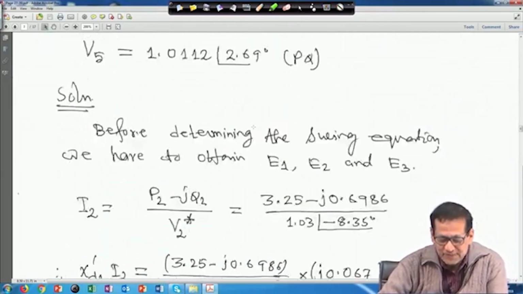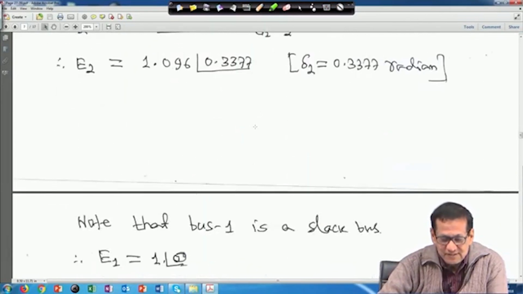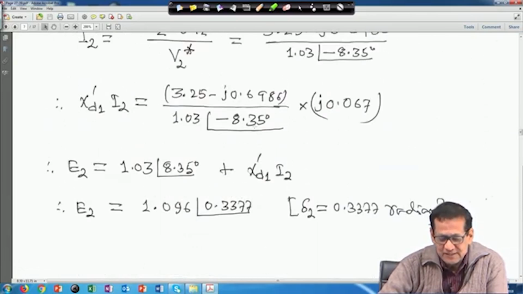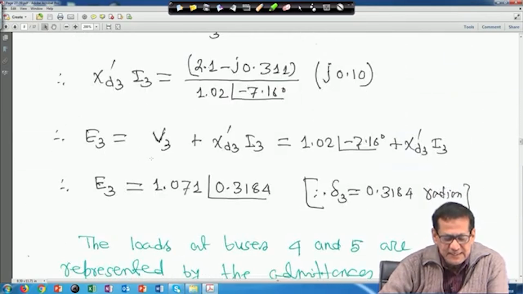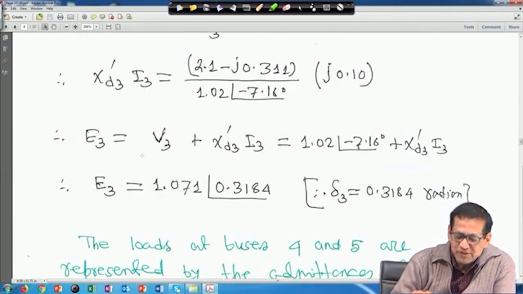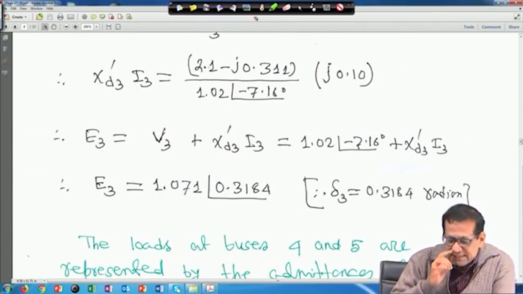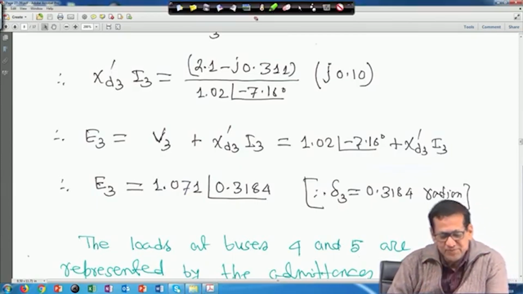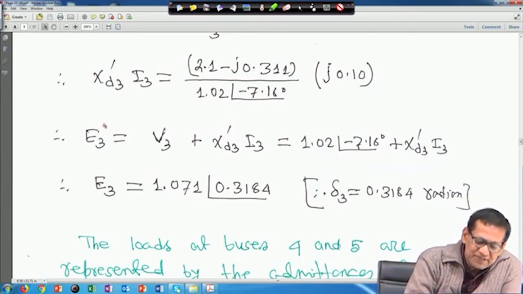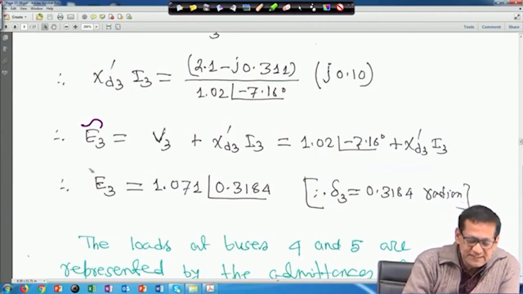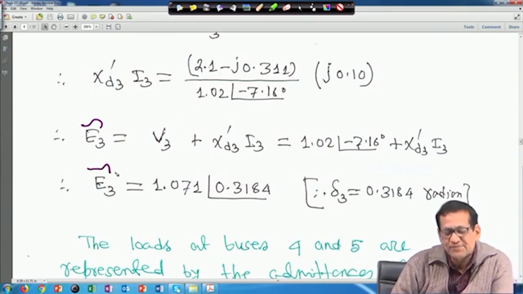When you do that, E3 is equal to V3 plus xd3' I3. In general, it is E3 tilde, a phasor quantity.